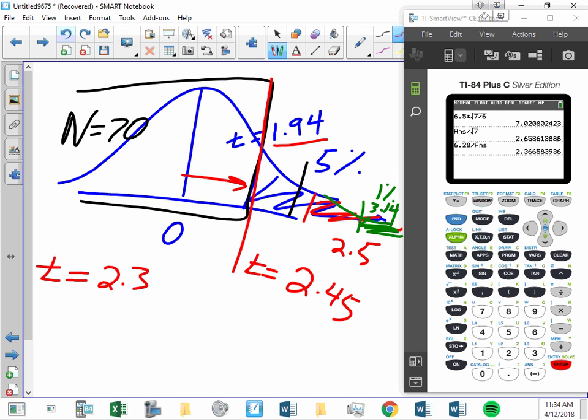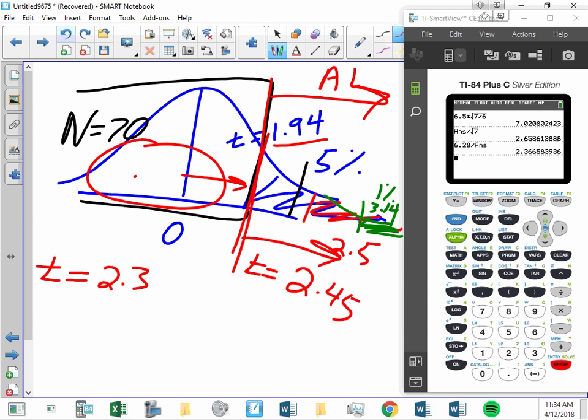Anything to the right of this is the alternative. Does that make sense? So this is saying, this stuff in here, the machine works. It doesn't need to be calibrated. Okay, but if you land anywhere from here over, you have to calibrate the machine. You'll have to turn it down a little bit.